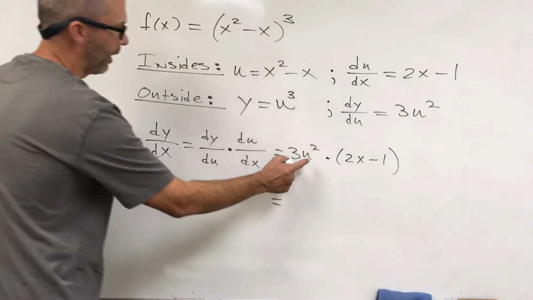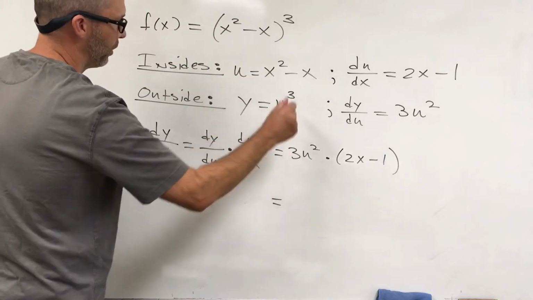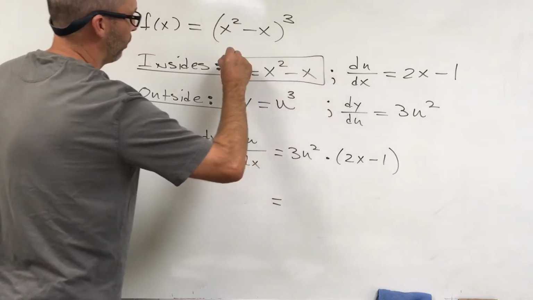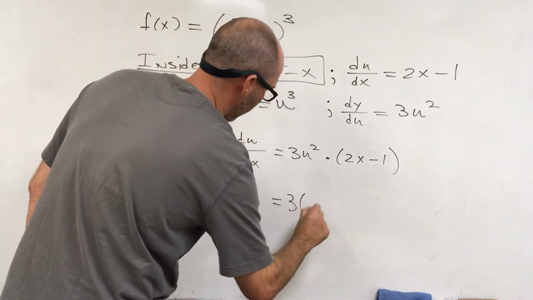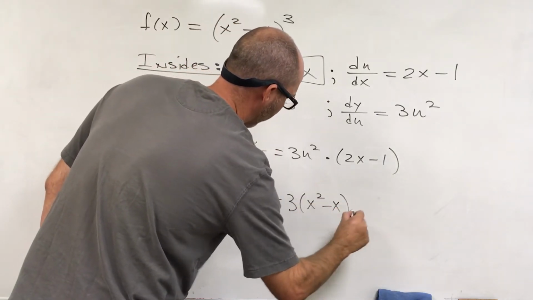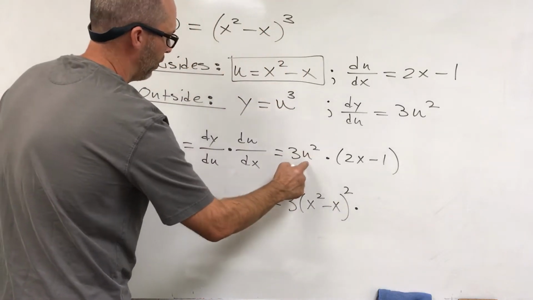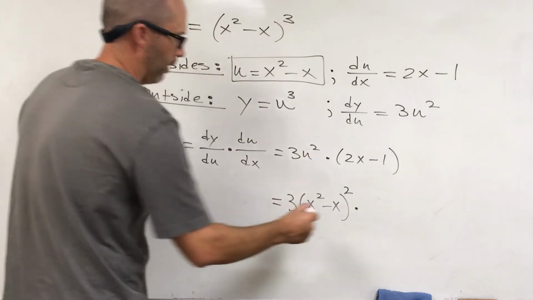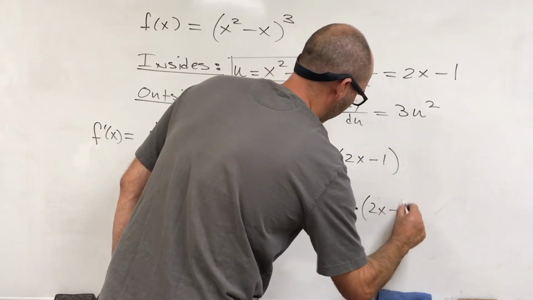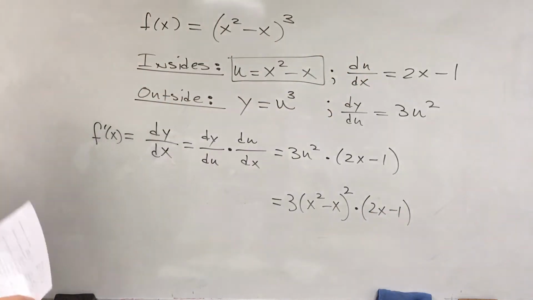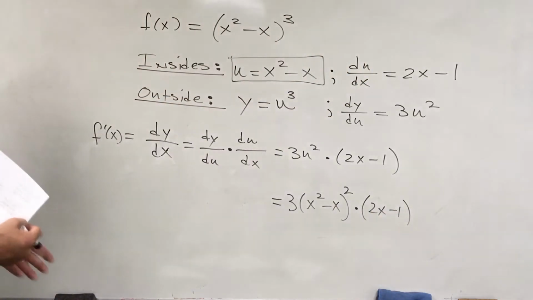So we need to back substitute, what do we make u into? u is x squared minus x. So we have 3 times (x squared minus x) squared, right? Because the u is that, so that goes in there, times 2x minus 1. And that's our answer.